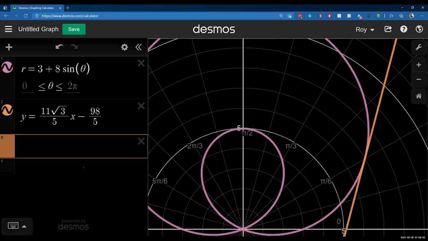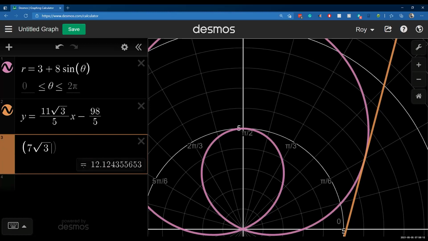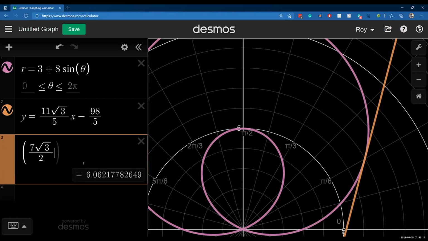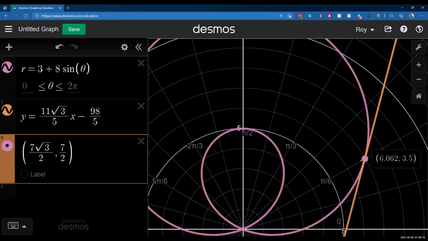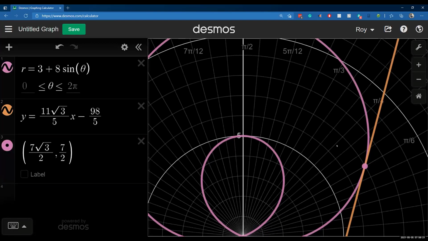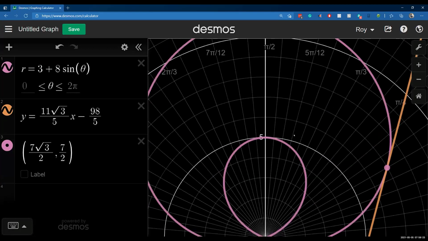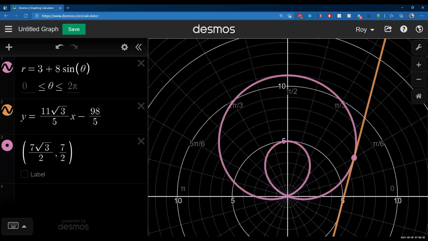I don't think you can graph a polar point here, so I'm going to graph its corresponding Cartesian point, which was 7 root 3 over 2, comma 7 halves. There we go. So you can see that's the point on the curve right there. It does exist on our polar curve, and that is the tangent line to the polar curve at that point.